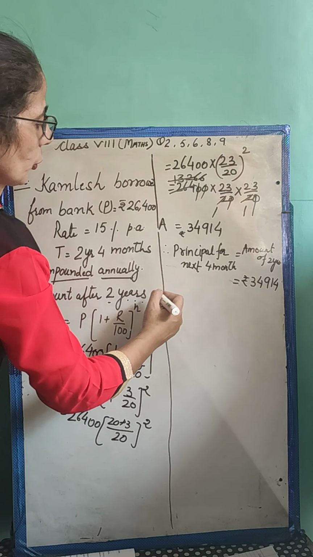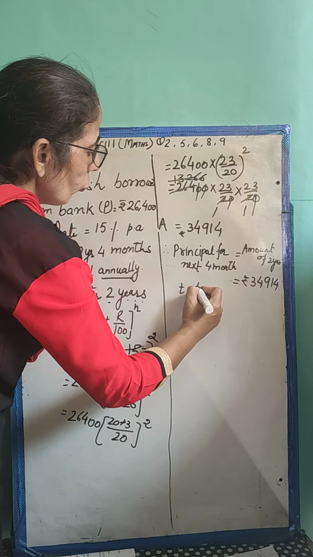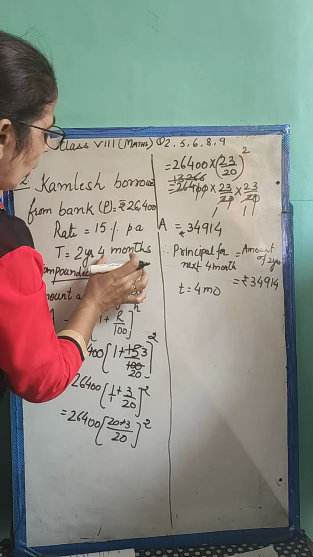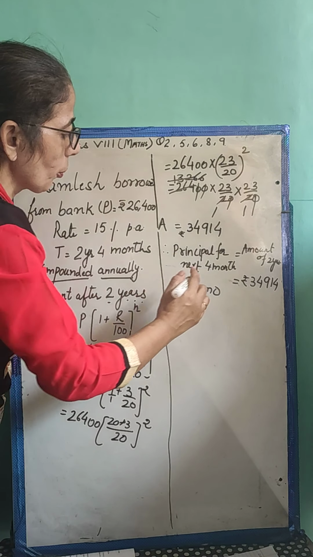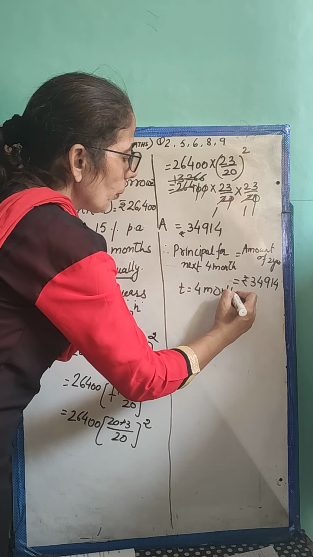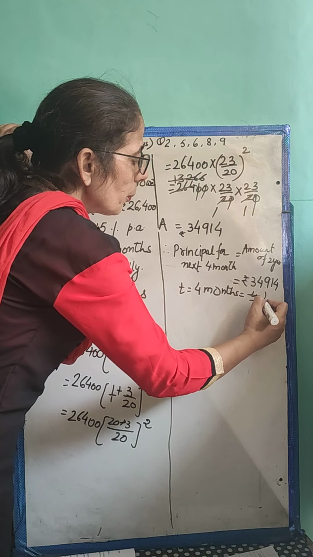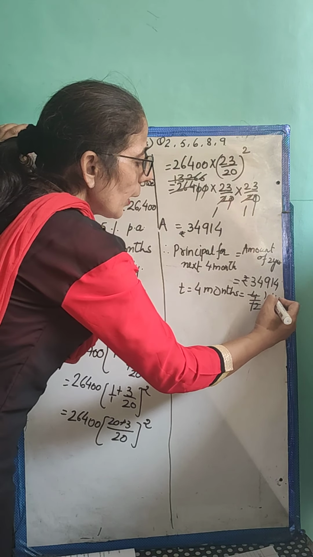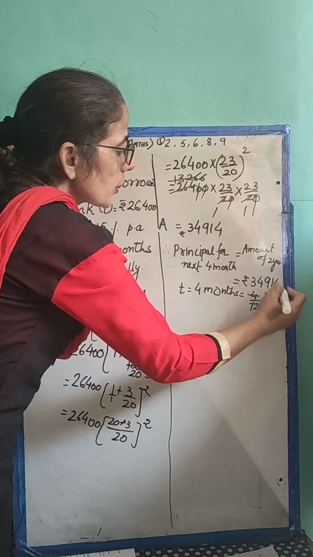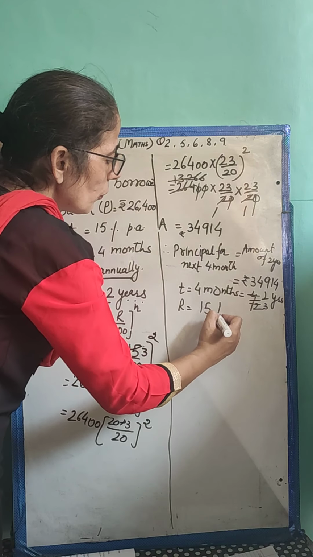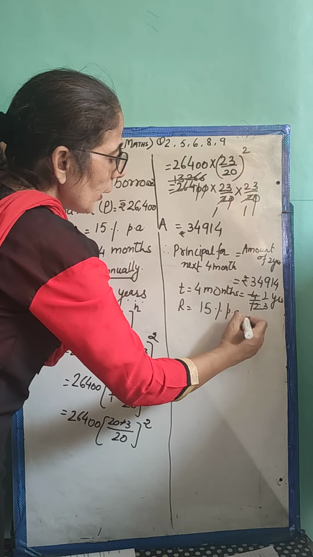I have calculated 2 years, and now I have to calculate for 4 months. Time is 4 months, and if I change it into years, that will be equal to 1 by 3 years. Now the rate is also given as 15% per annum.